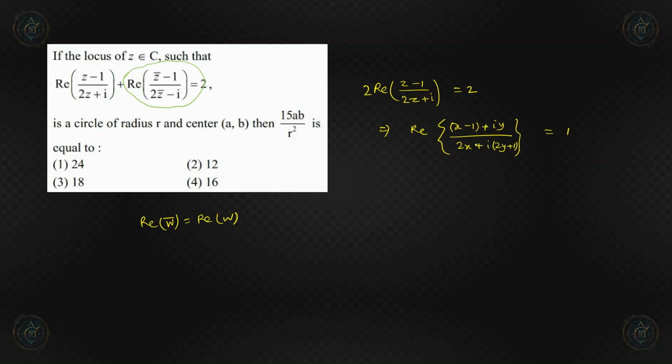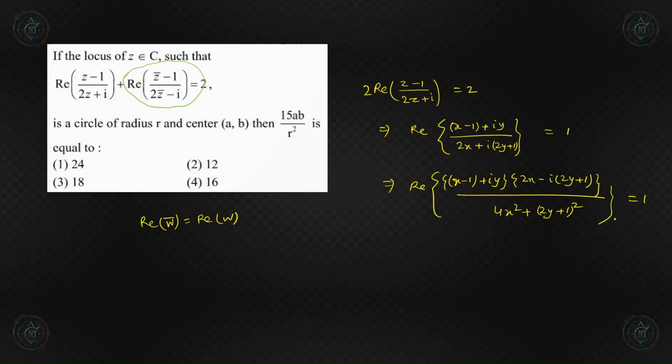If we calculate the real part of this, the denominator will be 4x square plus (2y plus 1) whole square, and the numerator will be (x minus 1 plus iota y) times (2x minus iota times (2y plus 1)). Equal to 1.